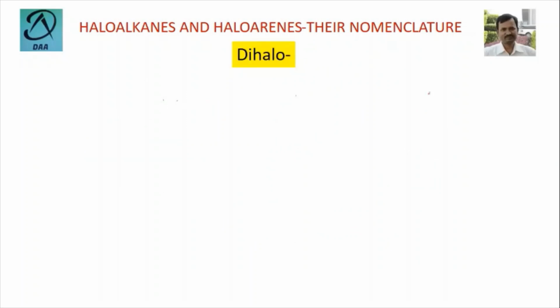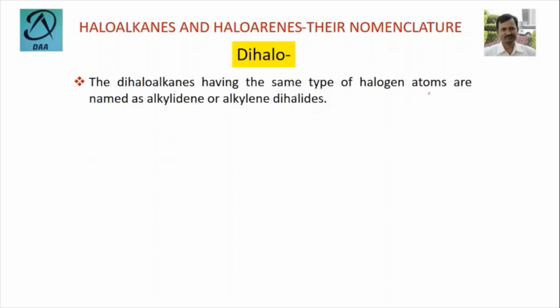Now for the dihalo compounds. The dihaloalkanes having the same type of halogen atoms are named as alkylidene or alkylene dihalides.